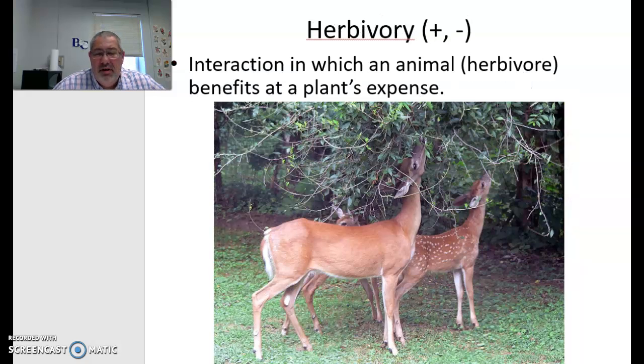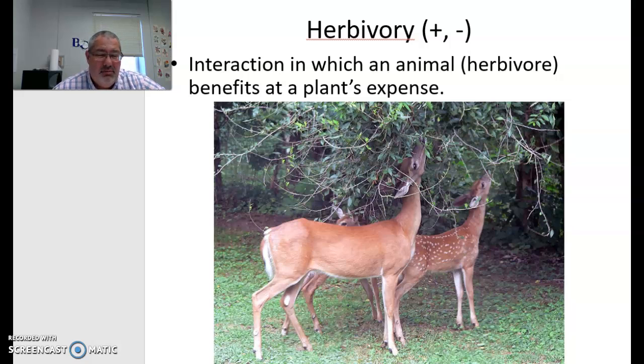Another type of predatory interaction is herbivory, where the predator is an animal like these deer and the prey is a plant. You can think of herbivory actually stimulating growth of plants and even production of flowers and seeds. So it's possible that prey plants actually benefit from herbivory.